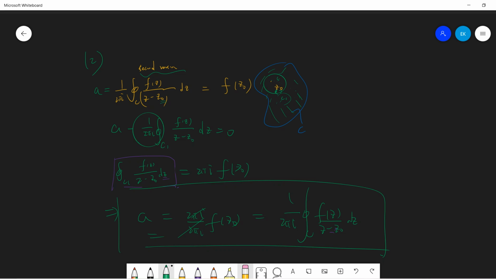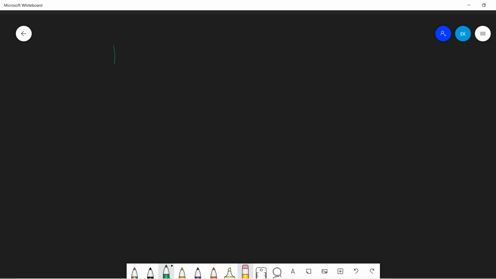Okay, so the next one, what I want to prove is the derivative form. What is the derivative form? So let's say f of z0, everyone knows the result is like this.